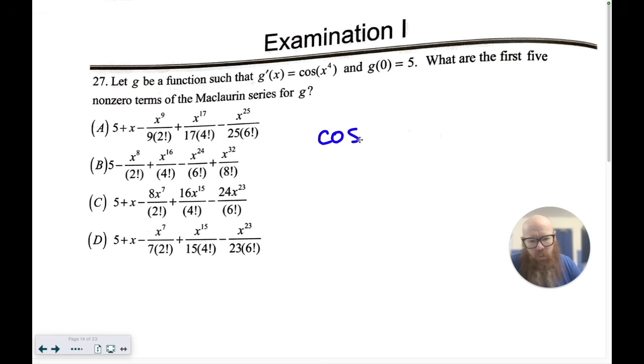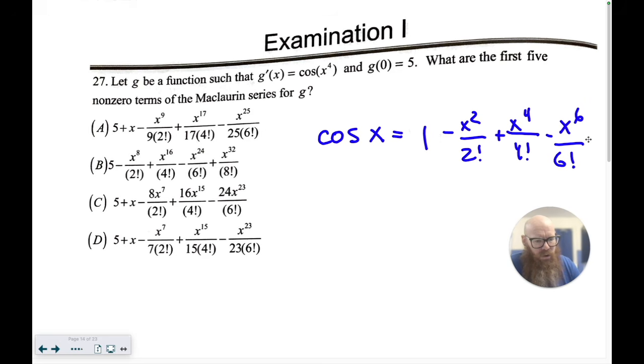I'm going to start with the fact that cosine x, this is one we just need to know, is 1 minus x squared over 2 factorial plus x to the 4th over 4 factorial minus x to the 6th over 6 factorial, and on and on and on. Then I want to do something with x to the 4th, so I'm just going to sub in x to the 4th.